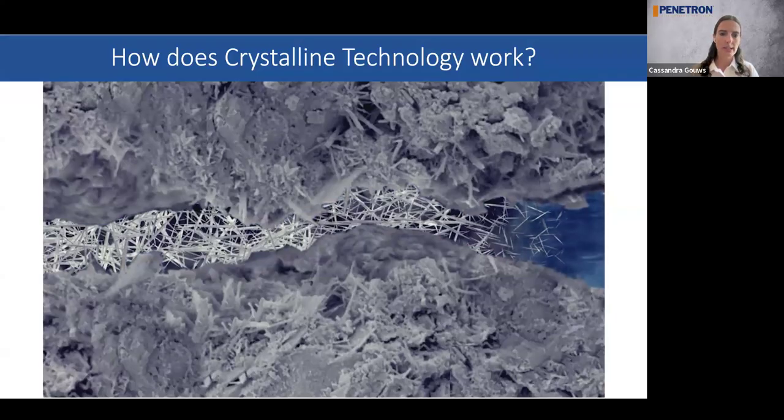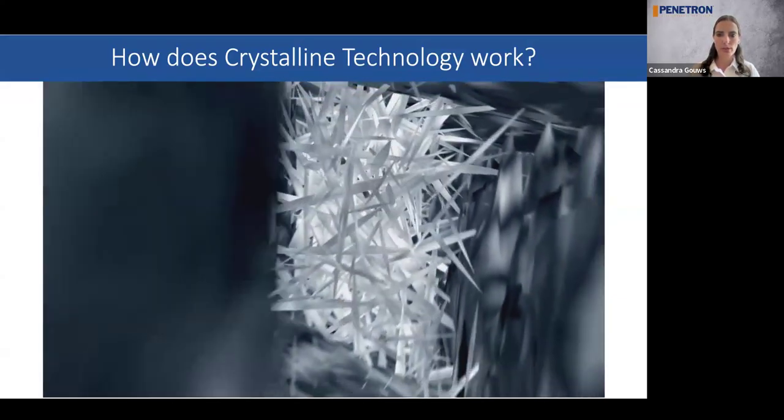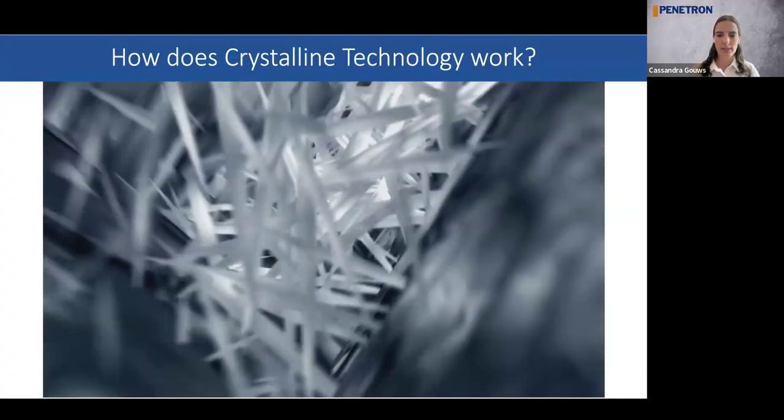They are white, needle-like crystals. They knit together and they stop the water or any liquids from moving through the concrete. There's a good indication of what the crystals look like.